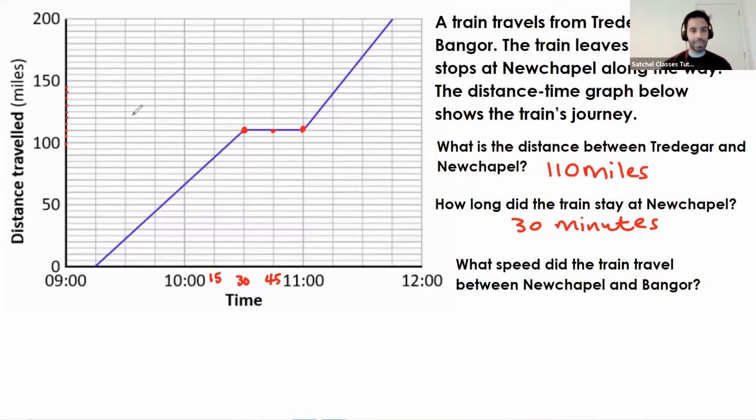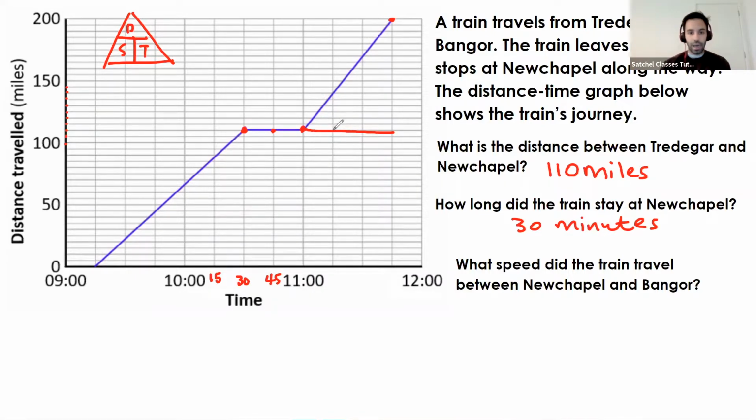And again, speed is equal to, so if I just draw my distance speed time triangle. So what speed did the train travel between New Chapel and Bangor? So from New Chapel to Bangor, we need to work this out. Well, the time is going to be, how long did it take?